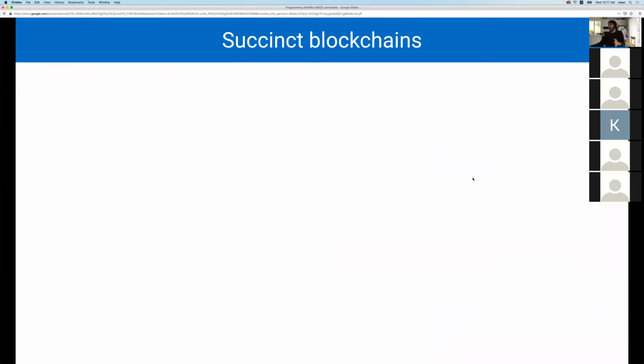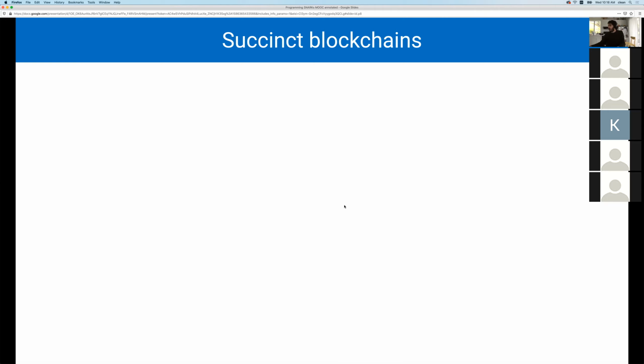So yeah, and then another example that I'm working on day to day is succinct blockchains, which is the idea of having a blockchain which, rather than requiring an amount of time to verify which is linear in the history of the blockchain, can be checked in an amount of time which is constant, so that you can have the full security guarantees on a very lightweight device like a phone.